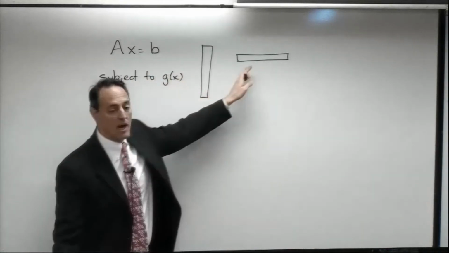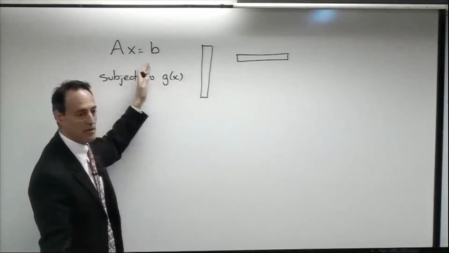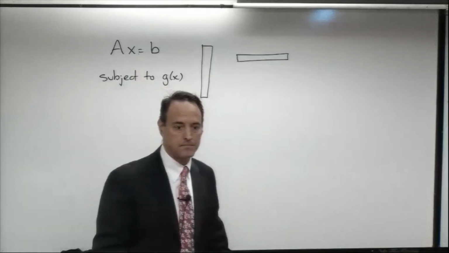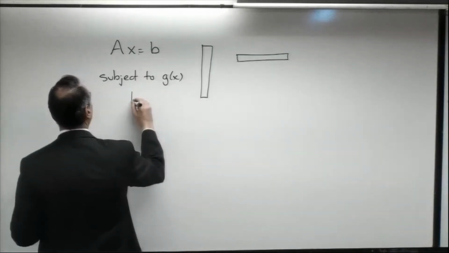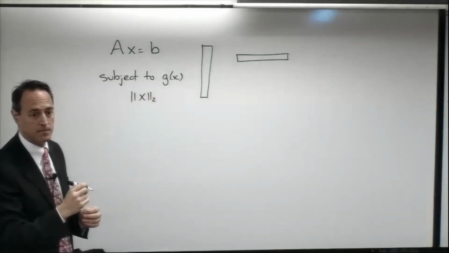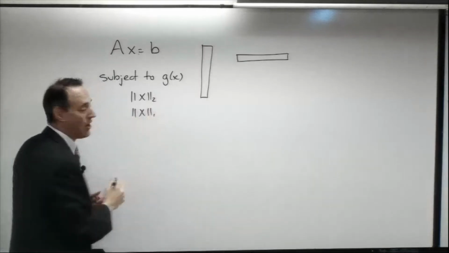So when I'm in the underdetermined case, I just simply say, all right, fine, there's an infinite number. Give me one that satisfies my subject to line. And oftentimes, the subject to line here is just give me the solution with the smallest L2 norm, or give me the solution with the smallest L1 norm.